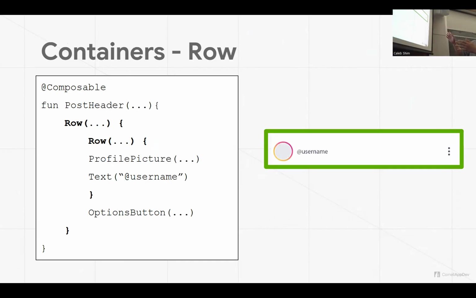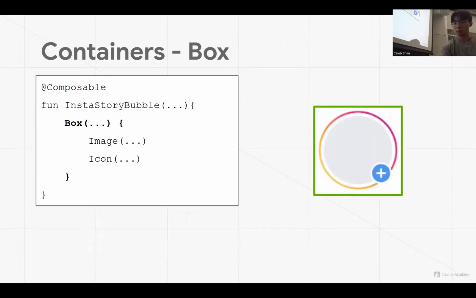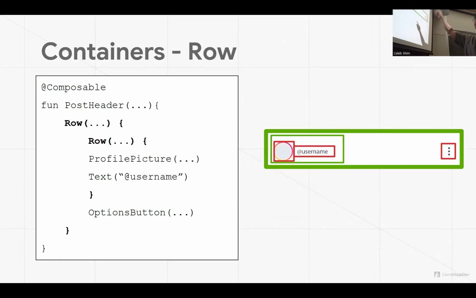Now for that specific header, we can break it down into a row that contains the username and the profile picture, and then the more options button. As you can see, the green rectangles represent the rows.